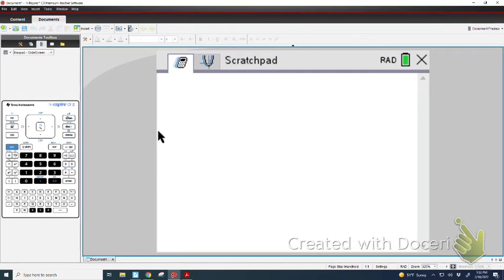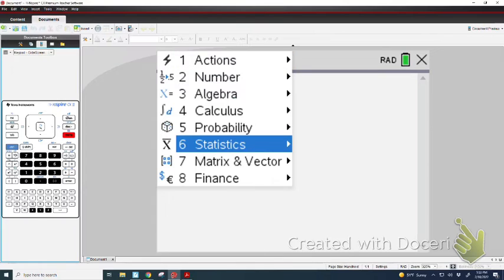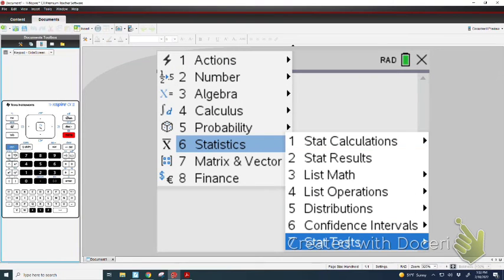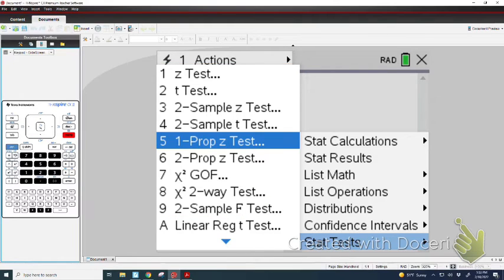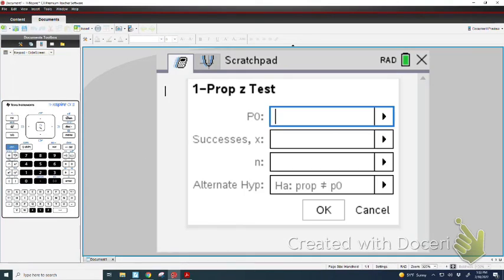You press menu, stats, stat tests this time, and we want a 1 prop z-test. If you accidentally click z-test at the top, you'll hopefully see that's the wrong choice because it asks for a mean and standard deviation, and we don't have that. So you click 1 prop z-test. This is our hypothesis, 0.08.